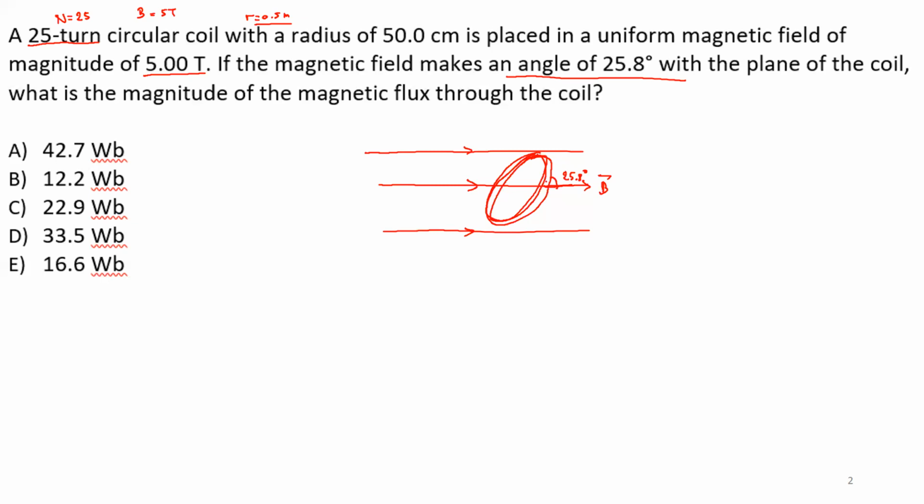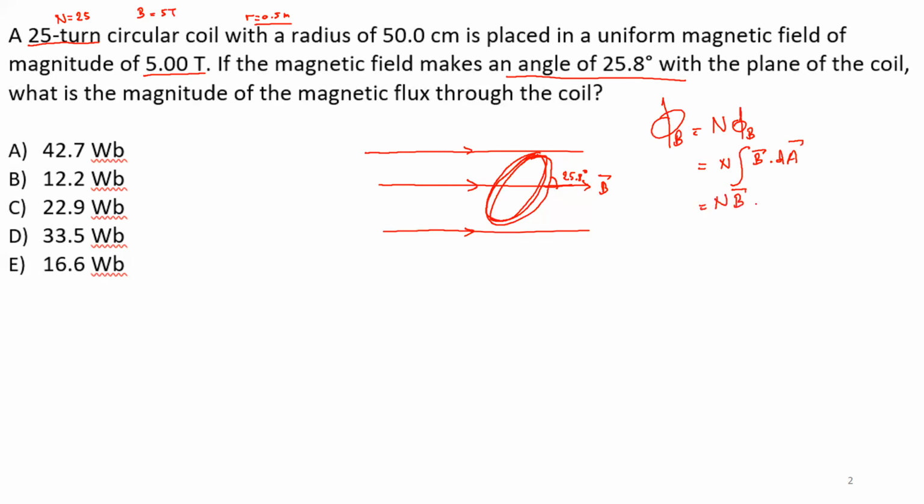So I'm asking you to calculate the magnetic flux. The total magnetic flux, capital Phi B, is the number of turns multiplied by the magnetic flux through each turn, each circle. So it's N phi B, which is N integral of B dot dA. But B is constant, so I can take it out of the integral.